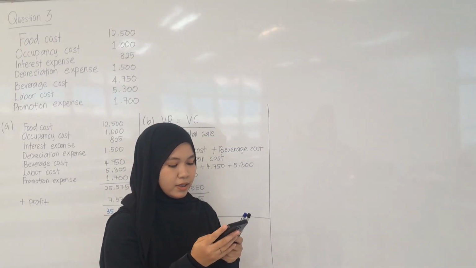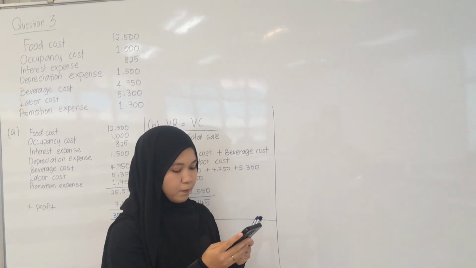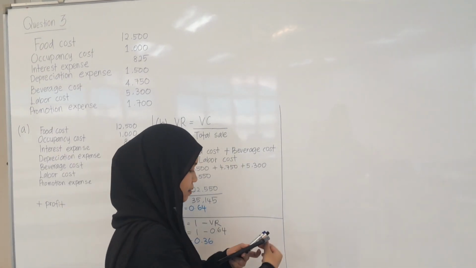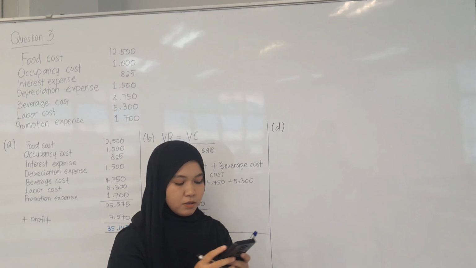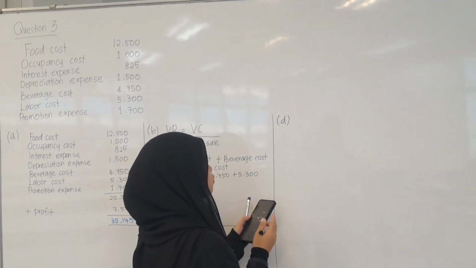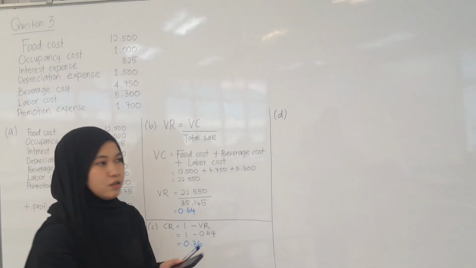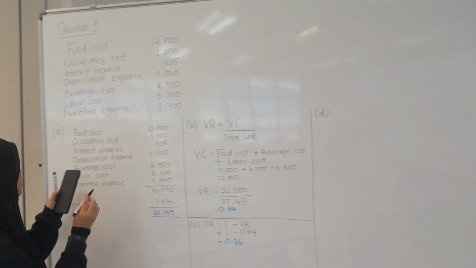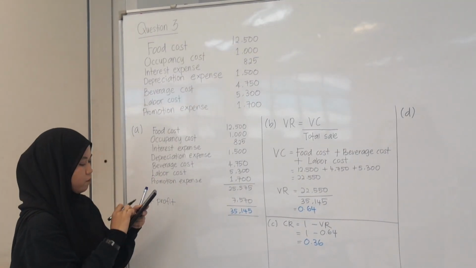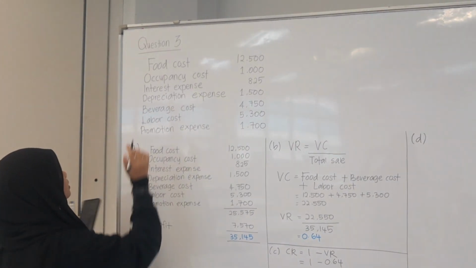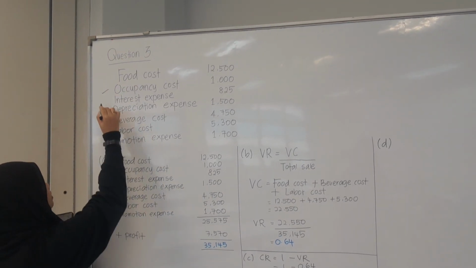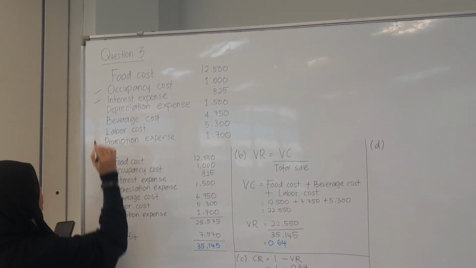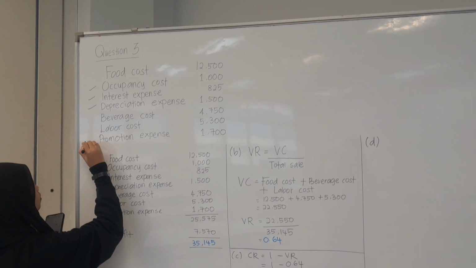Question D is what is the restaurant's break-even point in terms of dollar sales? To find the restaurant's break-even point, we need to find the fixed cost. So to find the fixed cost, we just need to add the occupancy cost, interest expense, depreciation expense, and promotion expense.